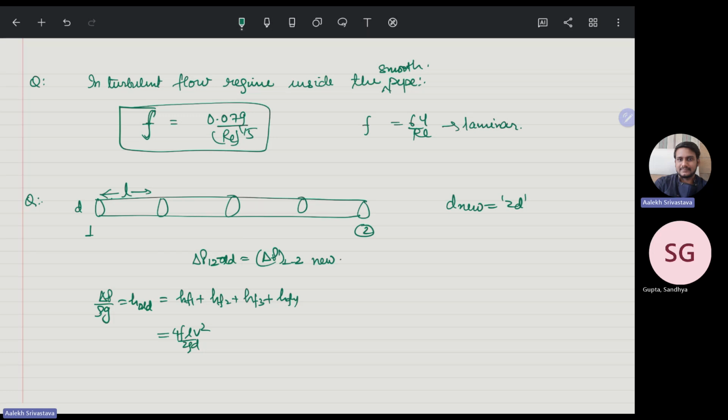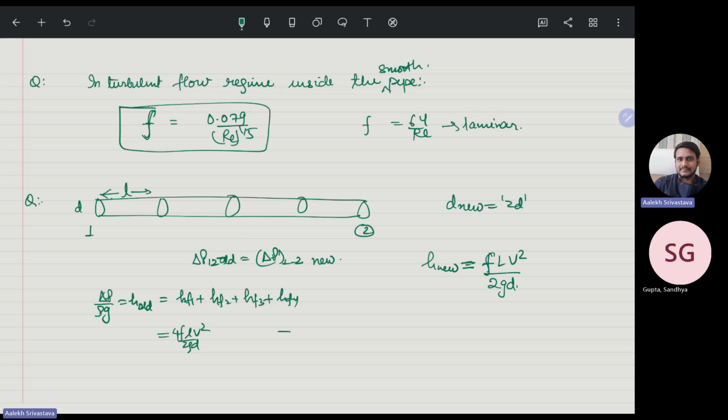Now in the new system, the same head loss would be there. The pressure drop remains the same, but the velocity can change because the diameter has changed.